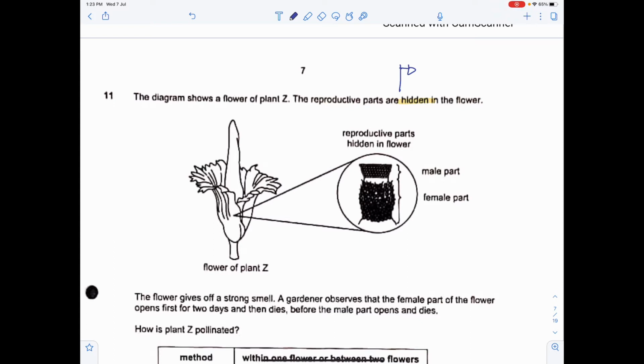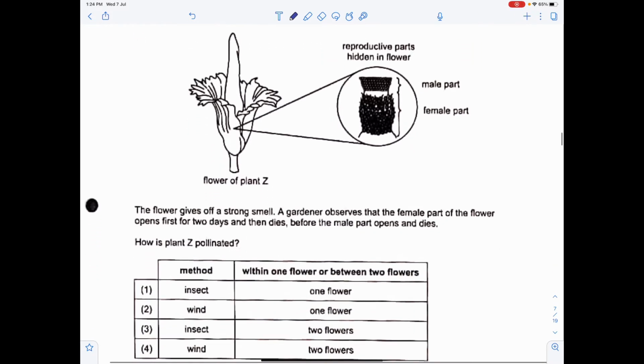So in this case, it tells me that you will need a pollinator, such as an insect or an animal, to actually pollinate it, to reach inside the flower. Okay, the flower gives off a strong smell. Once again, this tells me that it is to attract pollinators of some sort.